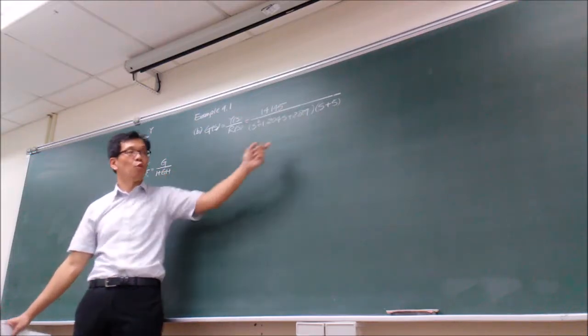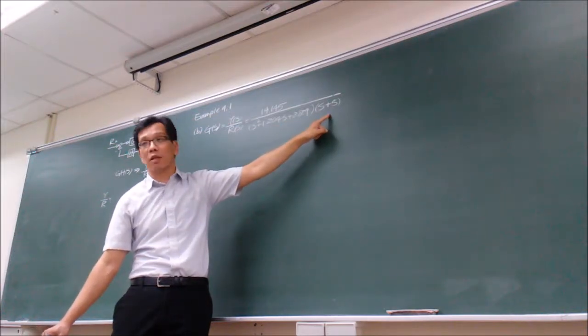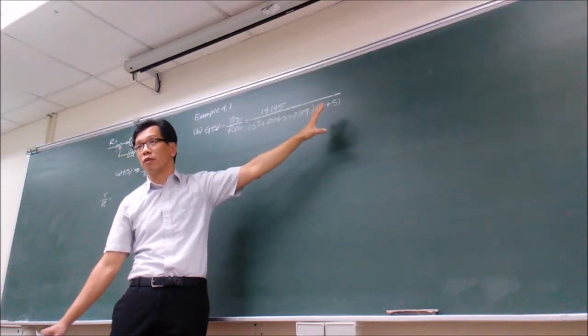But over here, there is one important thing. We need to determine which one is the dominant one. Because this one over here, obviously, is going to be 1 over s plus 5. That is going to be my first order transfer function.